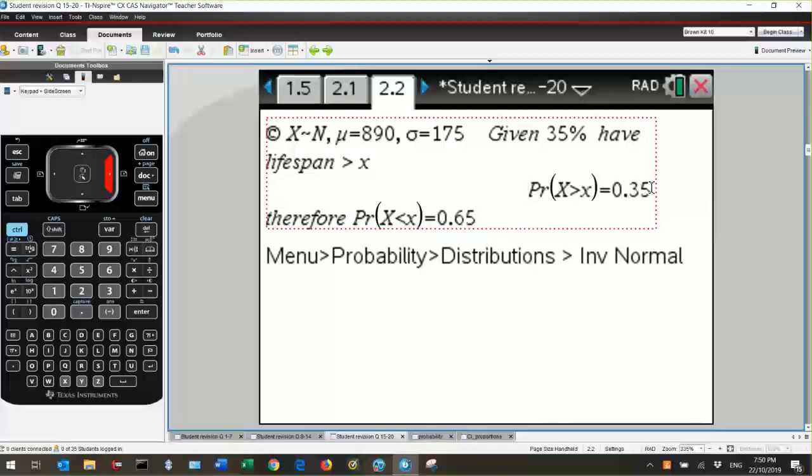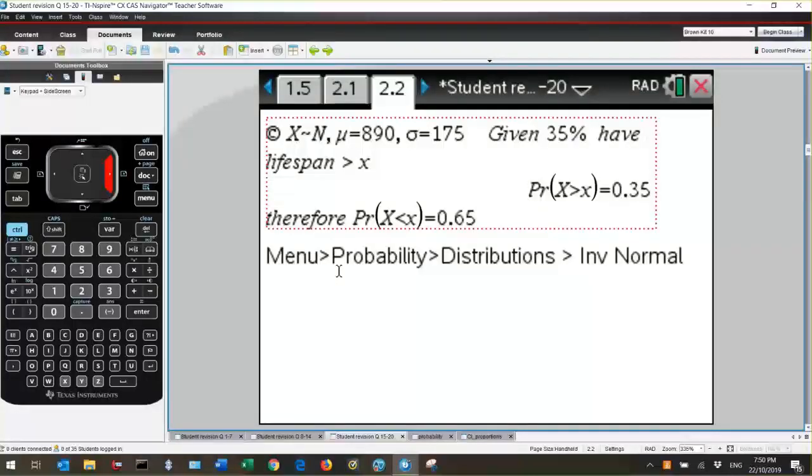Therefore, the probability that the lifespan is less than x is 0.65. Now remember that the inverse normal is from negative infinity to x, not x to positive infinity. So I need the area to be 0.65.